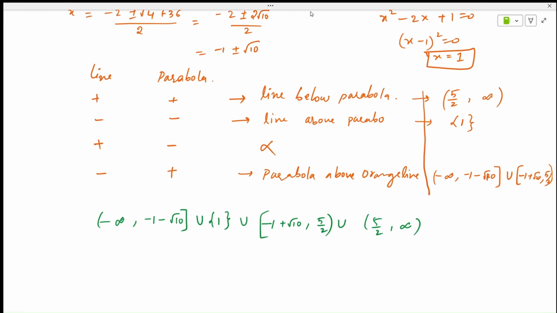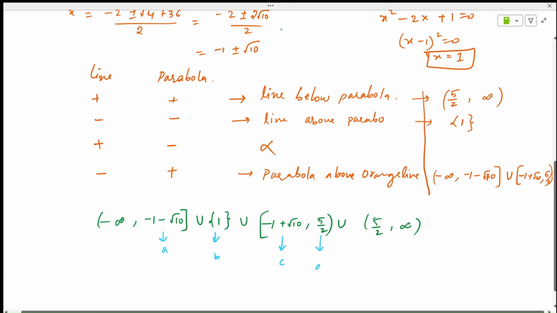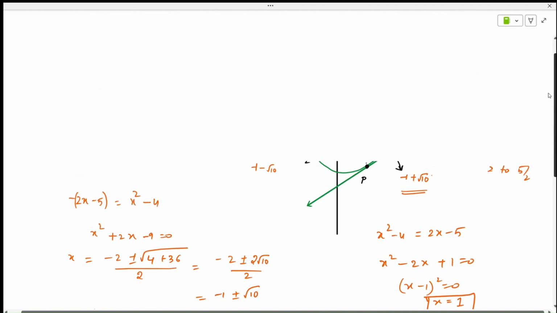So this is A, B, C, D, and E. So A plus B plus C plus D plus E is equal to: A plus C will give you minus 2, D is 5 by 2, and E is 5 by 2. 5 by 2 plus 5 by 2 is 5. 5 minus 1 is 4. So the answer is 4.